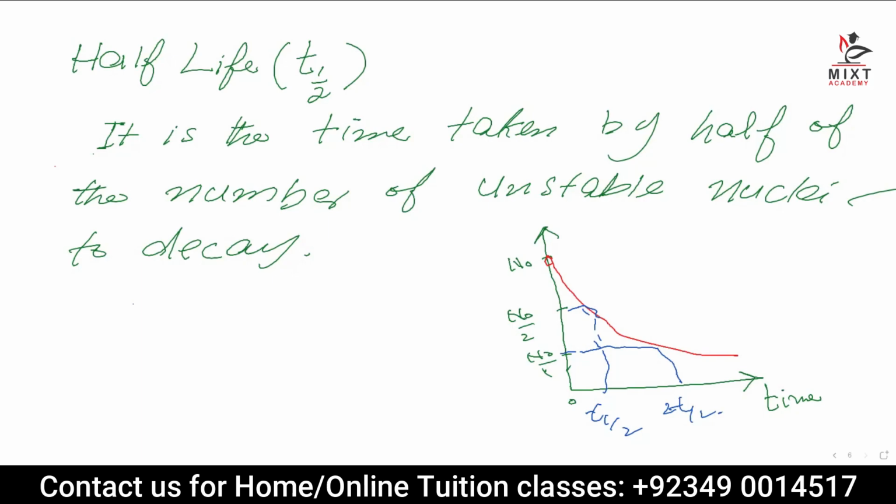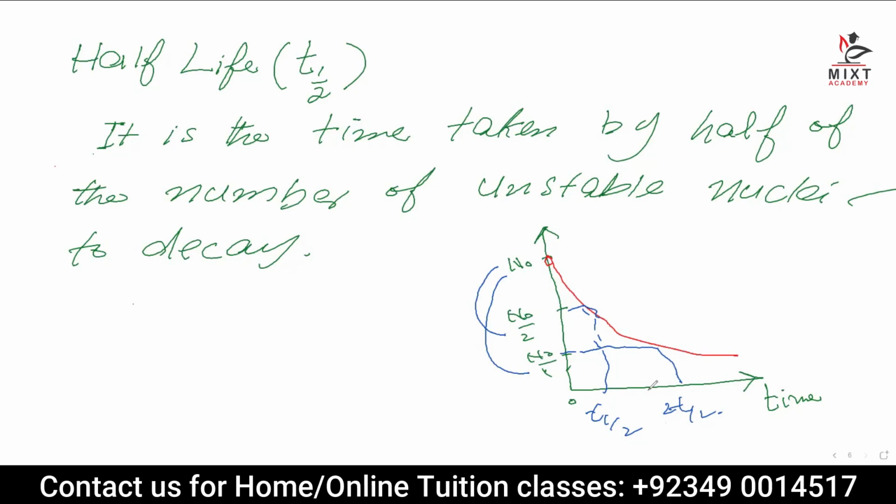I am going to send a clear graph in the group within a minute. It can be seen that the time interval in which the initial becomes half is known as the first half-life, and when the initial becomes 1/4 is the second half-life. On the x-axis, it's the time interval, and on the y-axis, it's the number of nucleons.